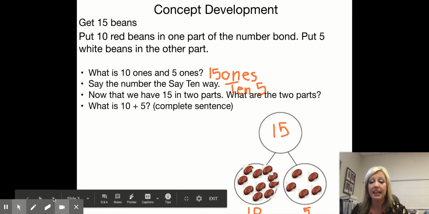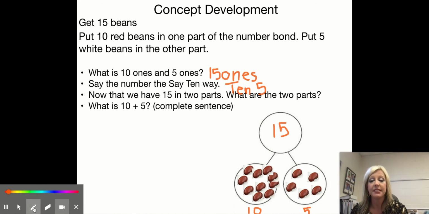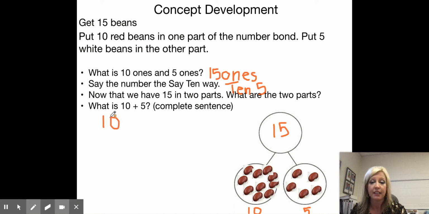Very good. What is 10 plus 5? How could we say that using a complete sentence? 10 plus 5 equals 15. Very good. 10 plus 5 equals 15.